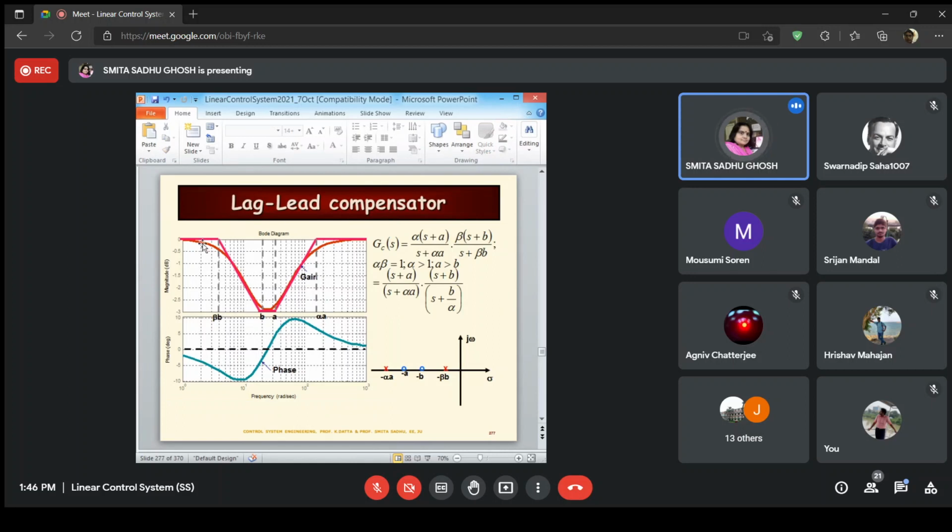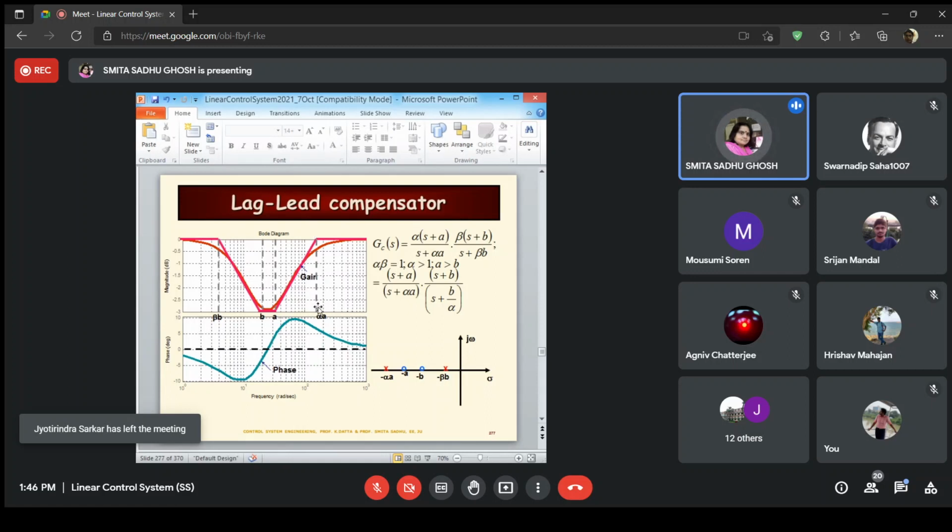We are doing the plot just to get a feel of the thing, meaning that to understand qualitatively what is happening. Quantitatively, if you want the values, naturally you are going to use the expression for the magnitude, as we did for our numerical problem. And similarly, for the phase, you are again going to use the corresponding expression. So drawing of the asymptotic magnitude plot is sufficient for this.